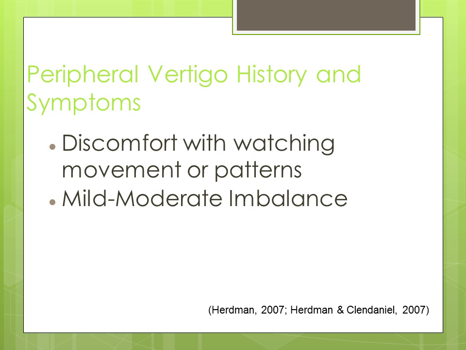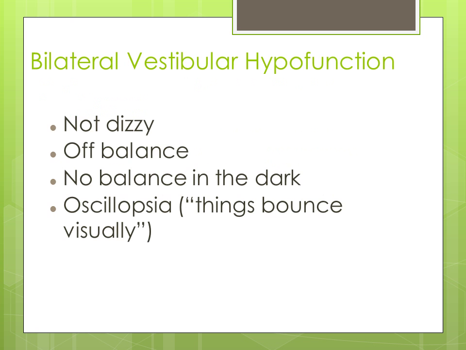They also have discomfort with watching movement or patterns. And this is why you must not wear things with wild patterns on them when you are working with vestibular clients. And they also will report that they have mild to moderate imbalance. It may not feel mild or moderate to them, but they're basically able to keep upright and walk. They just don't walk very straight when they walk.